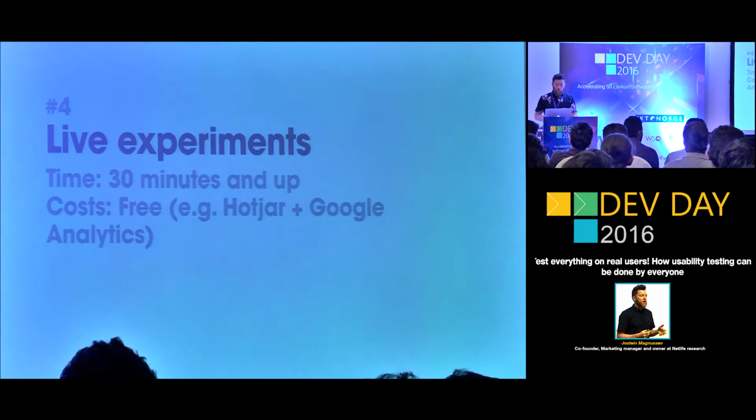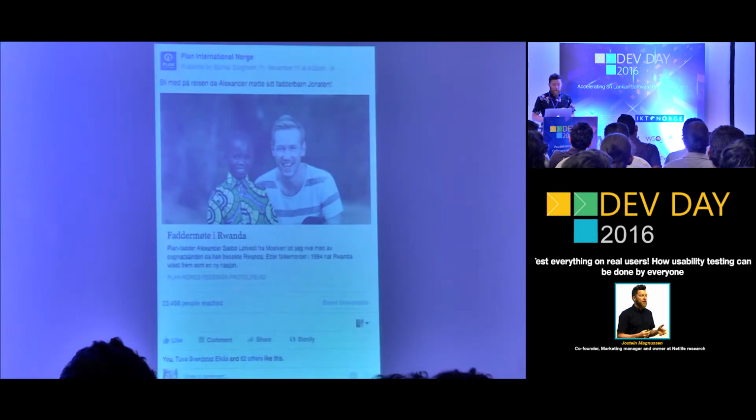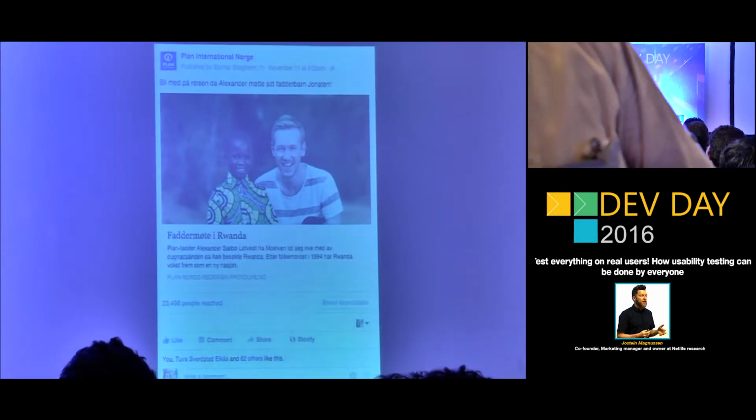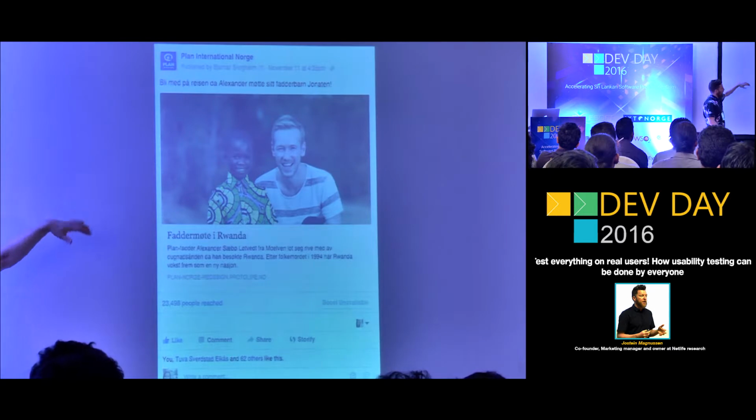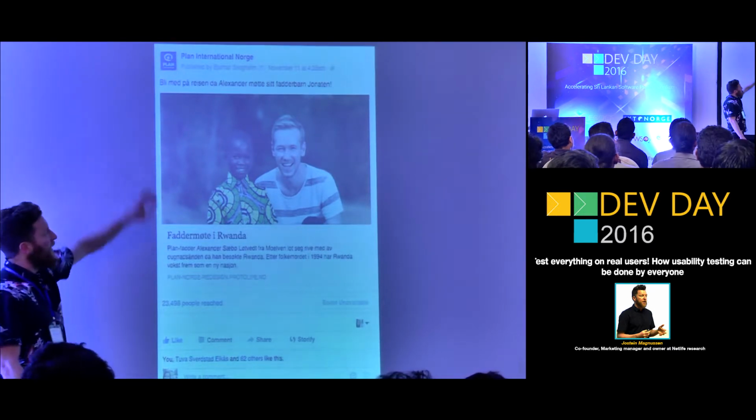Hotjar is a very nice tool to check what the reading patterns and clicking patterns are on websites. So we wanted to test a really long article template for Plan International.